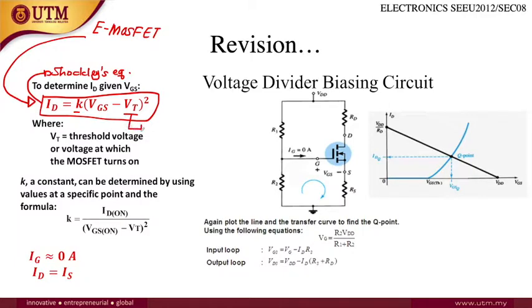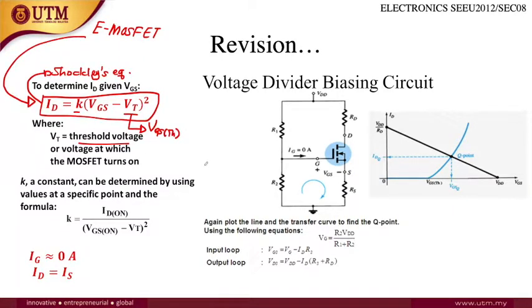Some books represent it as VGS(th), some books represent it as VT. Both are the same, which is the threshold voltage. So what is threshold voltage?